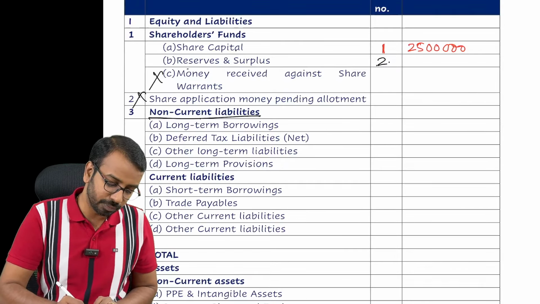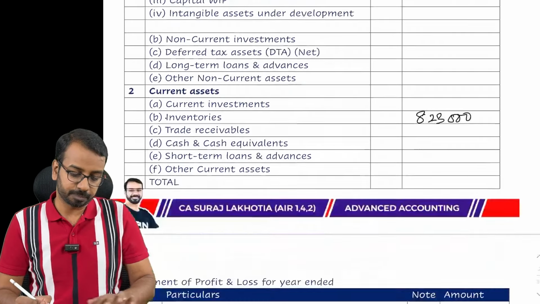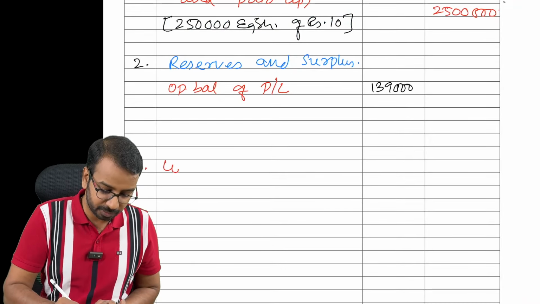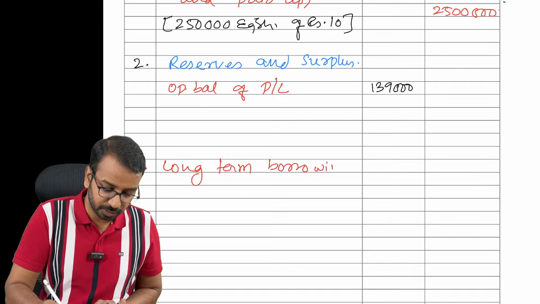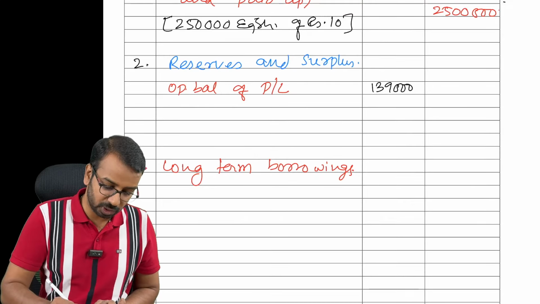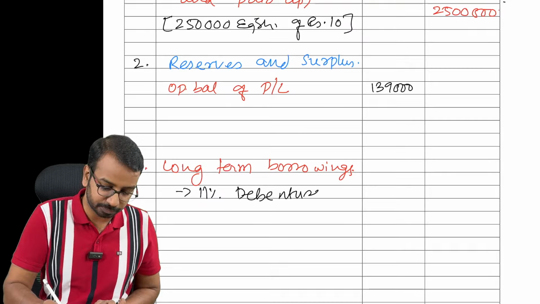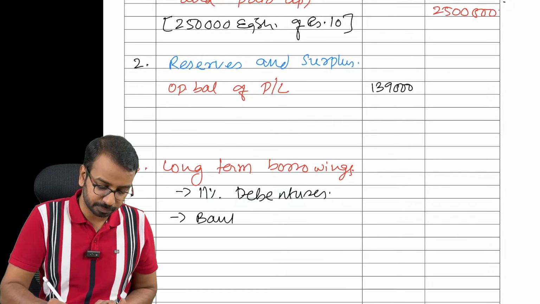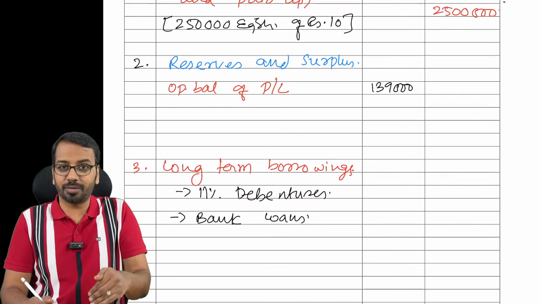So, under long-term non-current liabilities, the first item, long-term borrowings, we will plot. For this, we will have note number 3. So, coming to note number 3, long-term borrowings. What do we have in long-term borrowings? One, we have 11% debentures. Second, we have bank loans. Is there any other information about all of these in the adjustment?